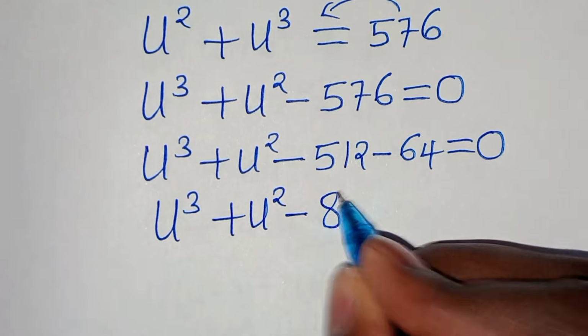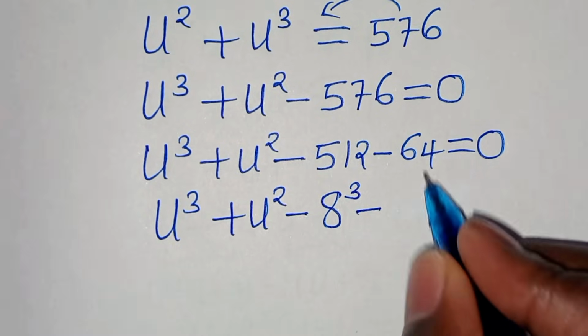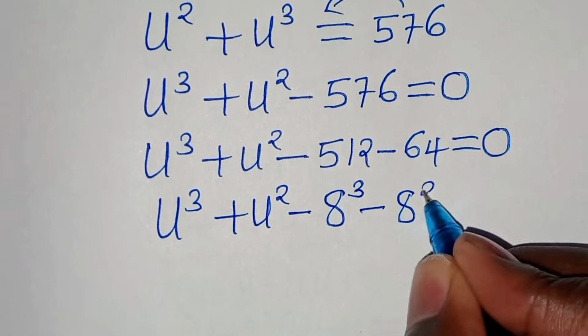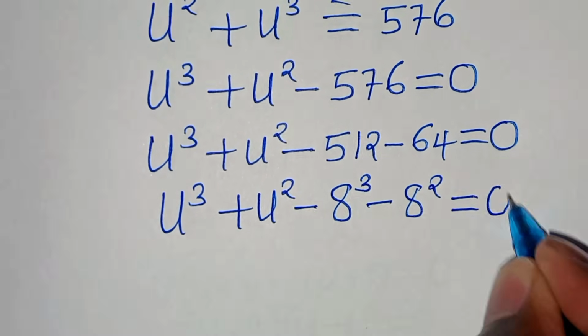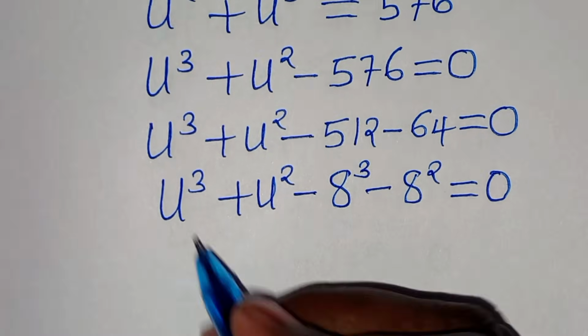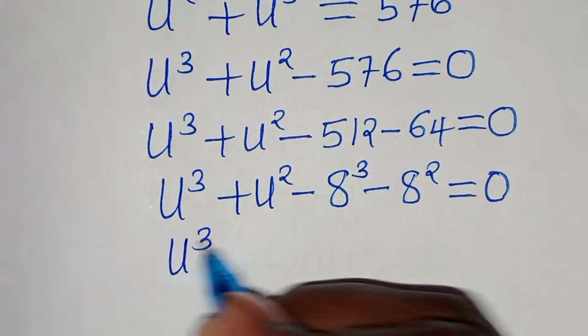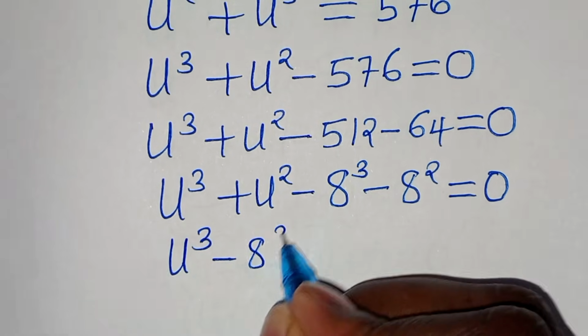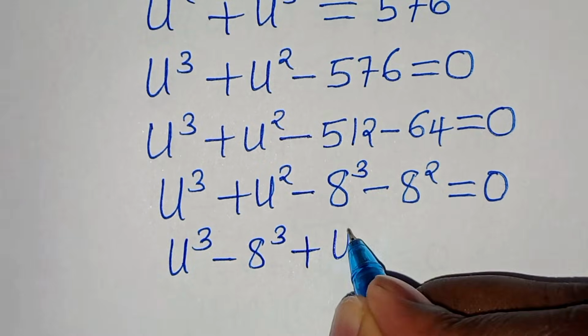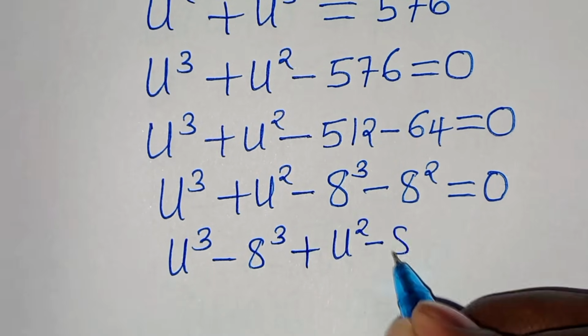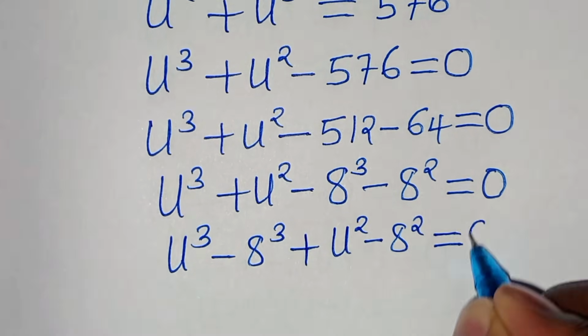This is the same thing as 8 to the power of 3 minus 64, which is 8 to the power of 2. This is equal to 0. We have u to the power of 3 and 8 to the power of 3. So this is u to the power of 3 minus 8 to the power of 3 plus u to the power of 2 minus 8 to the power of 2. This is equal to 0.